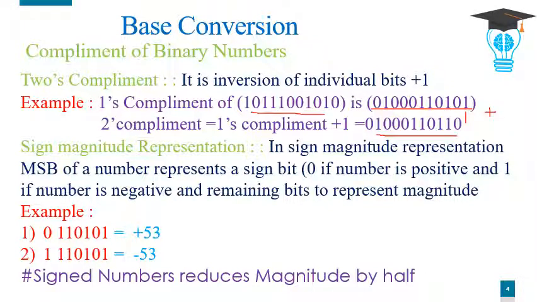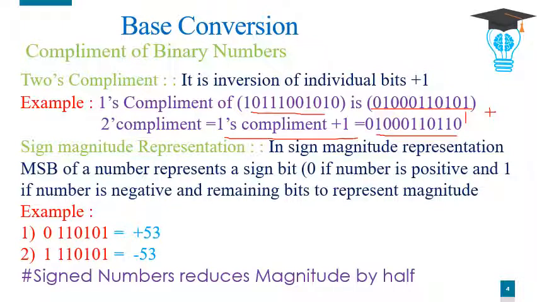That is called twos complement of the binary number given. To summarize, the binary number given has to be inverted, that is, wherever there are ones replaced by zeros, and wherever there are zeros replaced by ones, which is called ones complement, and just add 1 to the LSB of ones complement. That is, ones complement plus 1 will give rise to twos complement.